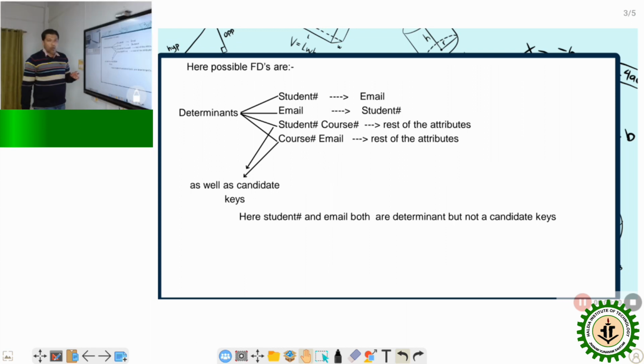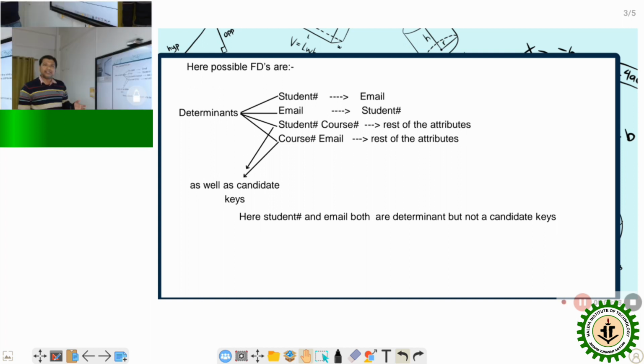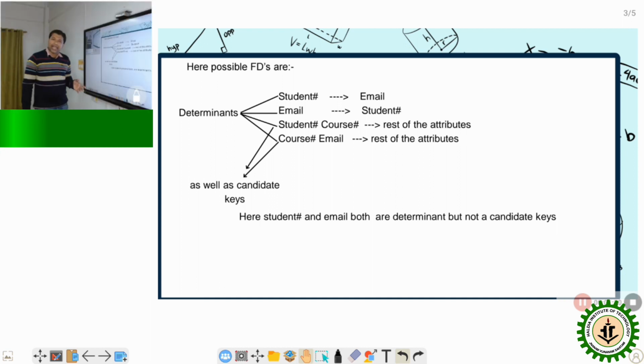The functional dependencies in this student table are from student ID to email ID. By using the student ID, we can get the email ID of the students. By using the email ID, we can get the student ID, and by using the student ID and course ID, we can get the rest of the attributes, and also by using the course ID and email ID, we can get the rest of the attributes of the student table.